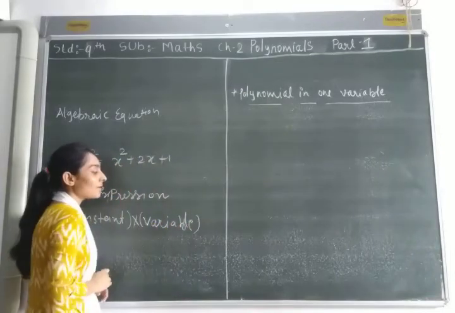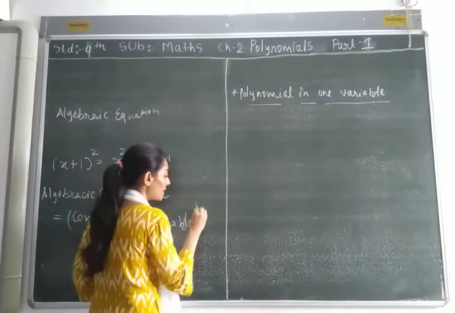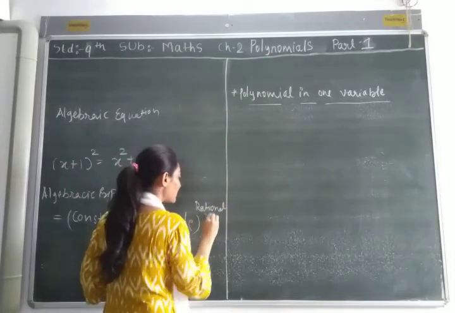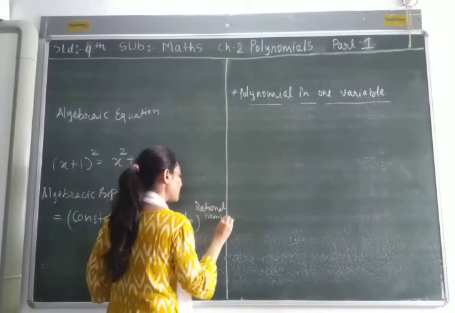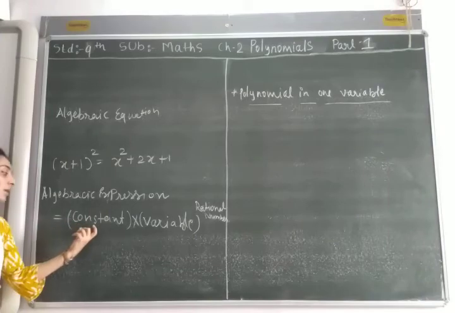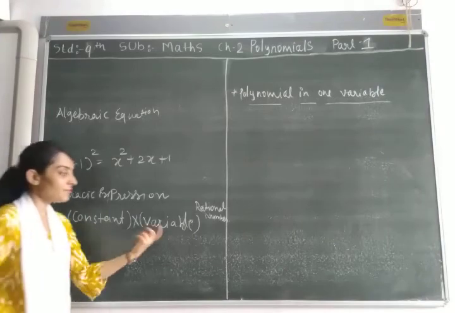Here some powers were given. So the variable power can be any rational number. Okay. So here the terms come: a constant and a variable.